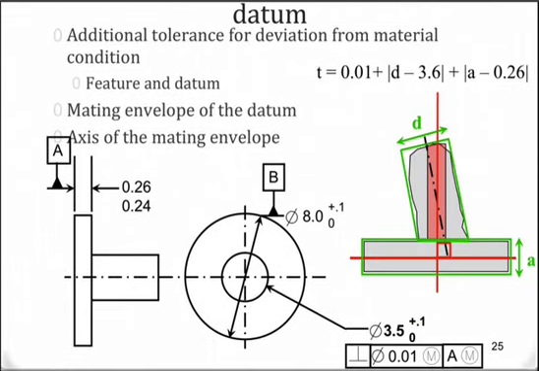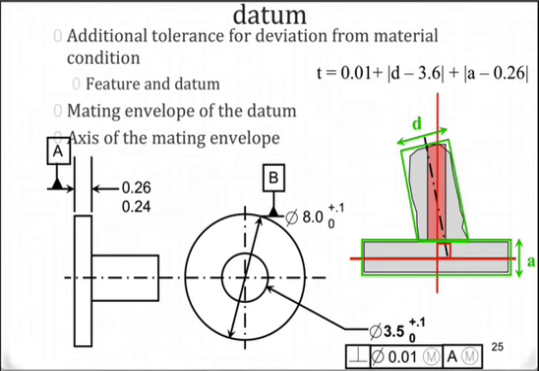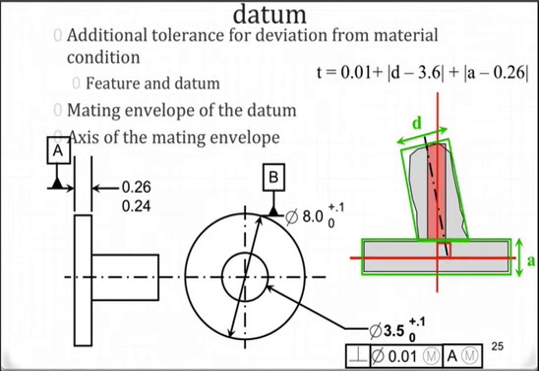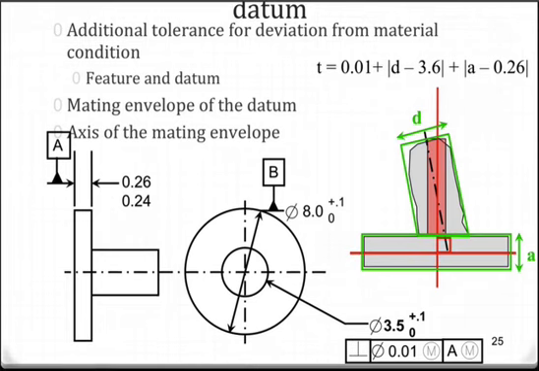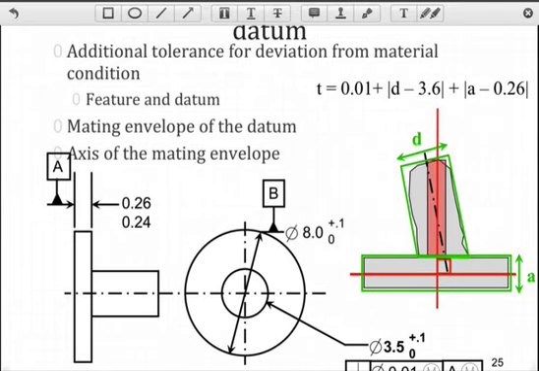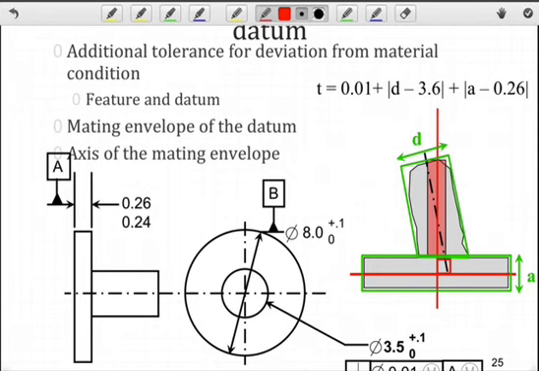But we see an M for the feature, we see an M for datum A, and now we have to take both of those into consideration when we're determining the width of our tolerance zone. So in this case, we have additional tolerance, not only due to the feature deviation from its material condition, but also due to the datum's deviation, or I should say the part feature corresponding to the datum, its deviation from its material condition.